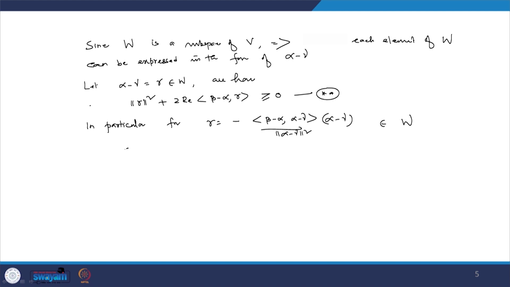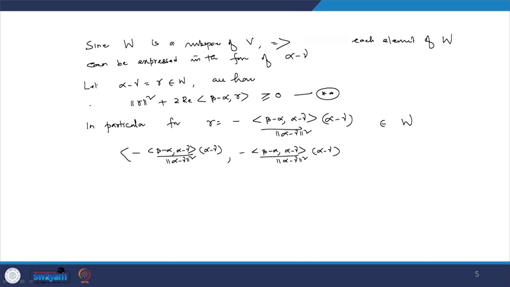so I will have inner product of minus beta minus alpha and alpha minus gamma, divided by norm of alpha minus gamma whole square, and the vector alpha minus gamma. Okay. So this, and minus inner product of again beta minus alpha and alpha minus gamma divided by norm of alpha minus gamma whole square and alpha minus gamma.